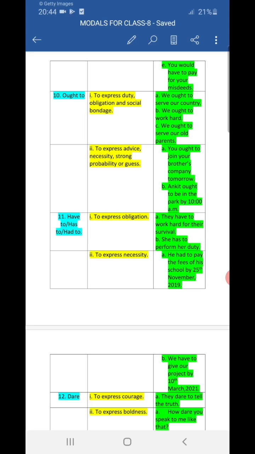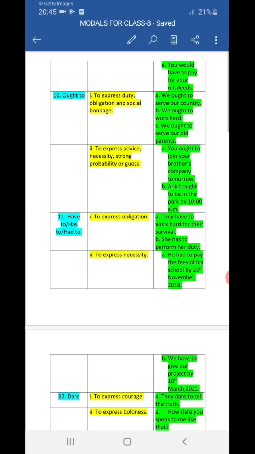So it's an obligation. Now, number B, she has to perform her duty. So it's also an obligation on her part that she has to do her duty.